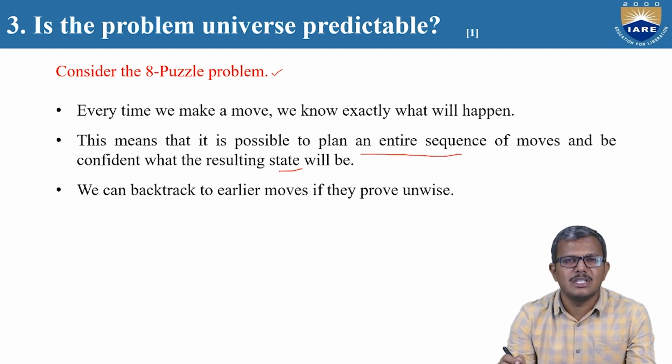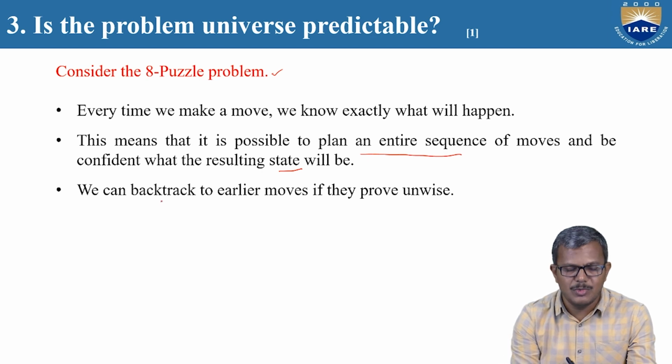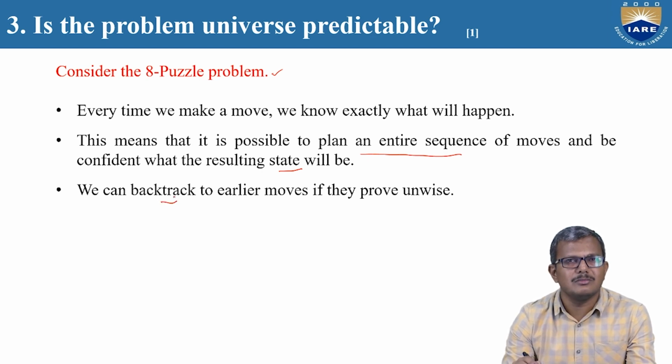If any move is not moving towards the goal state, you simply perform backtracking. So with this explanation, we can clearly say that if you are trying to solve a problem related to the 8 puzzle, the newly coming states are easily predictable.